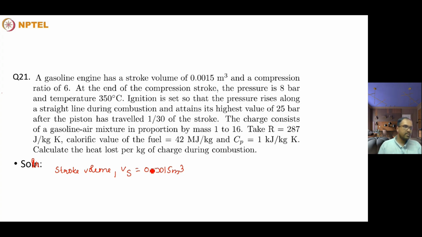So that's the first step. The second one, we have to just note the input values in this particular problem. So stroke volume is given as 0.0015.